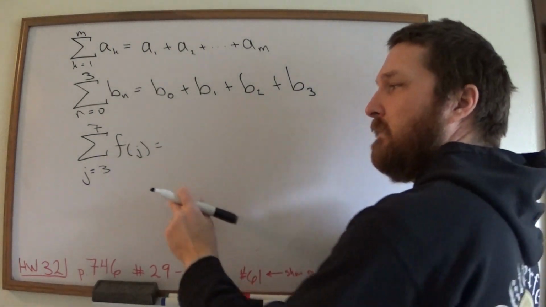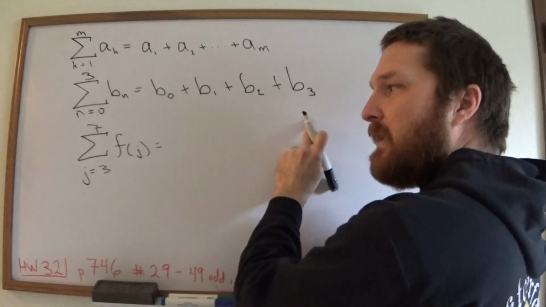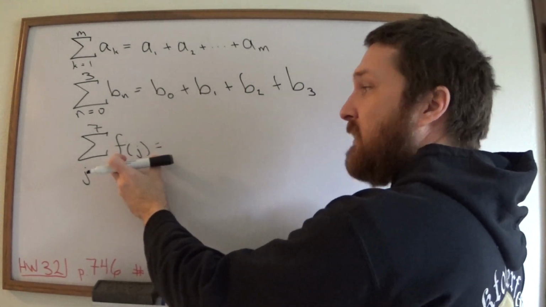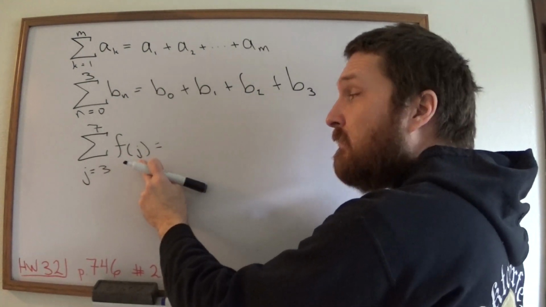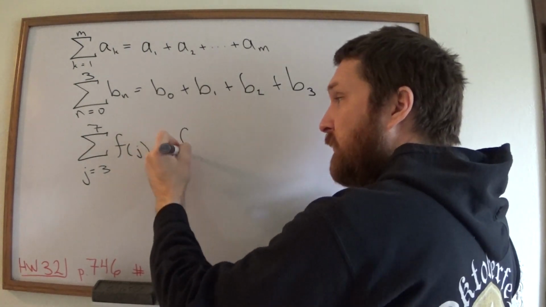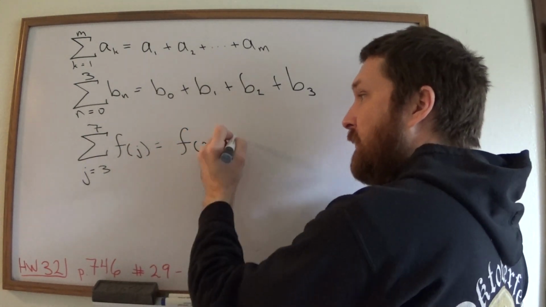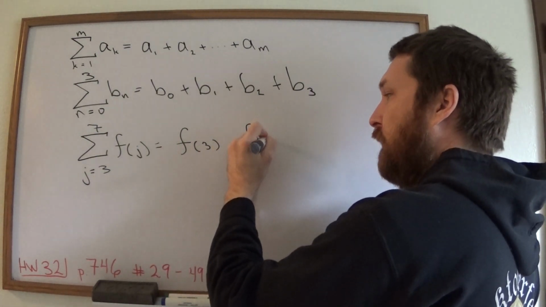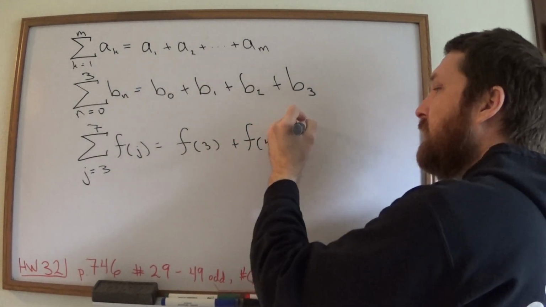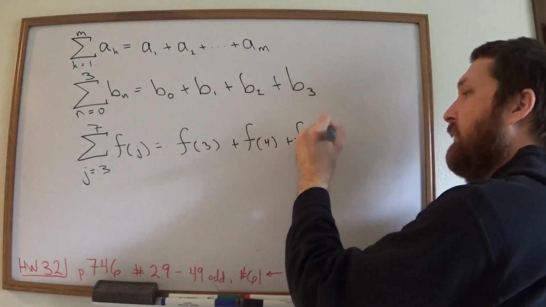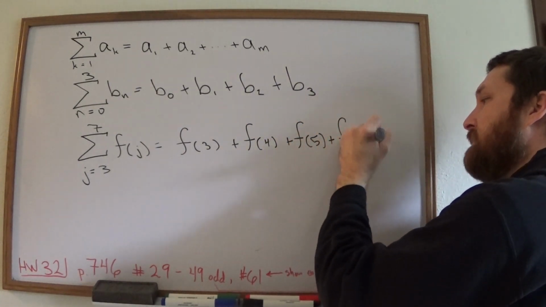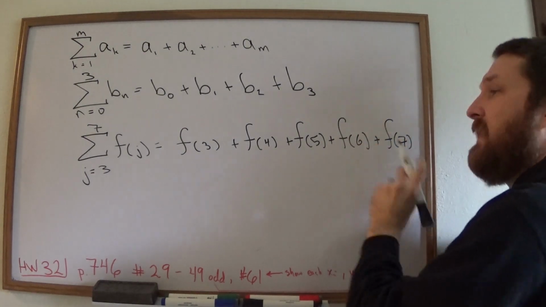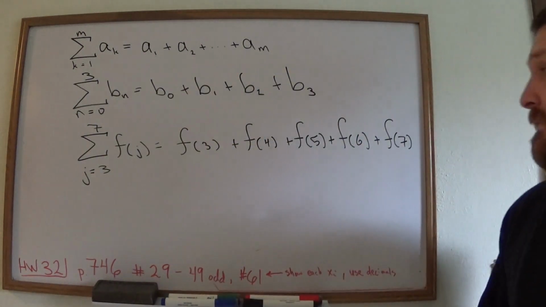Okay, what you should have gotten is, by the same logic here, and here we're taking f as some function of j, we're just going to start here with 3, and then we add that to whatever we get when we plug in a 4, plus whatever we get when we plug in a 5, plus whatever we get when we plug in a 6, plus whatever we get when we plug in a 7, and we're stopping at 7.